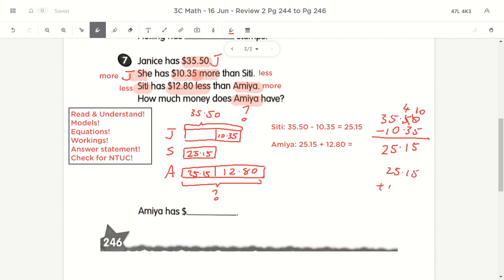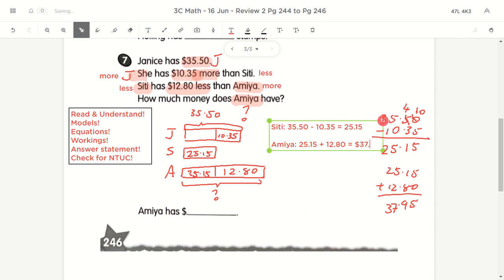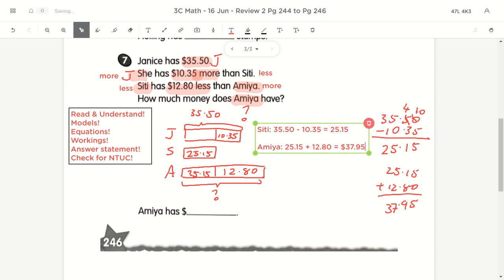I add $12.80. 5 and 0, 1 and 8 is 9, 5 and 2 is 7, 2 and 1 is 3. No regrouping involved, very simple. So it is $37.95. Make sure you write the answer at the bottom as well, $37.95.